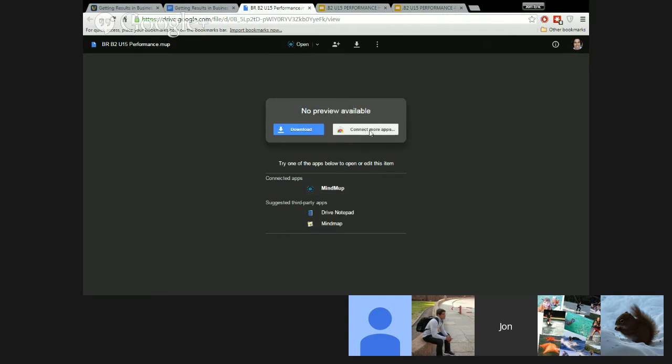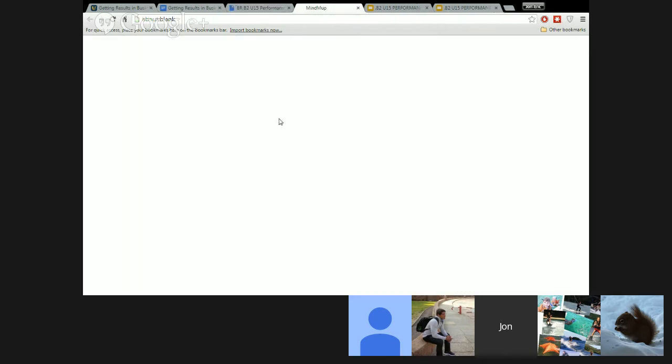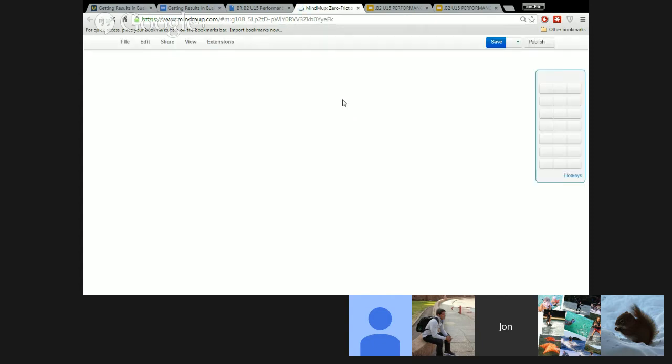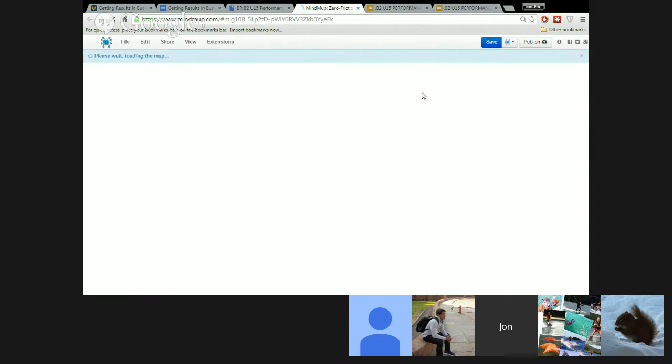If you don't have it, go to Connect More Apps and open it, because right now it's still a work in progress, so you have to open the application. And when it opens, take a look at what we have. Everything you need to do this activity is already there for you. I've taken notes on all of the activities we've done, and I've put the notes in this form.